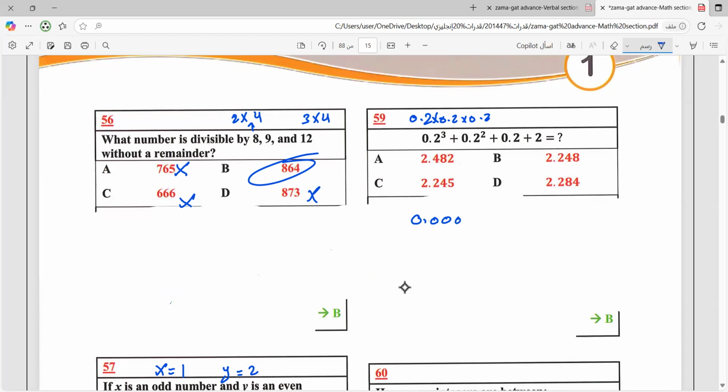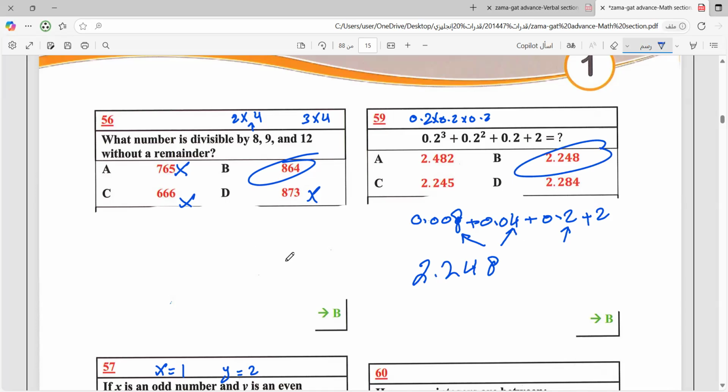So it will be 0.008, with 3 digits after the decimal point. And 0.2 squared, we only have 2 digits, so 0.04, plus 0.2 plus 2. We have 2 integers, and here in tenths, hundredths, and here thousandths. So the answer is B.